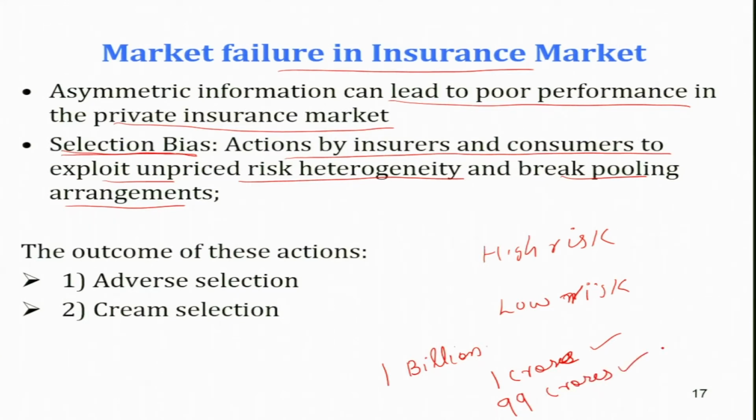This is based on data about hospitalization probability and hospitalization episodes; we come up with this data, for example. So 1 crore is the high risk population and 99 crores are low risk. Accordingly, only 1% of the population is needing hospitalization.